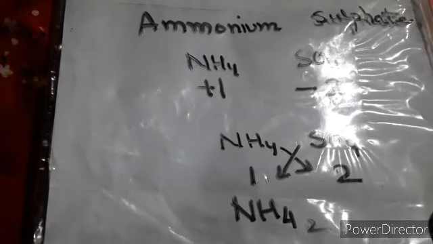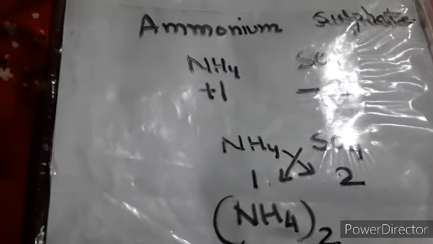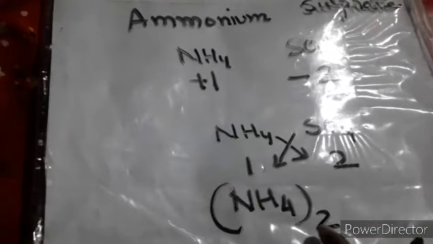So you have over here two different elements, nitrogen and hydrogen, both different from each other. So over here you cannot put 2 like this, like earlier in aluminium we were putting 2, right? That was a symbol for aluminium, but over here it's a radical. You cannot put 2 over here, you have to put a bracket and then place 2, because this 2 will indicate nitrogen also, even hydrogen also. And when you multiply this thing with 1, you will get this.